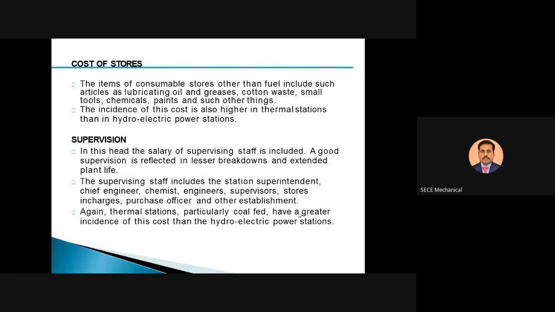These are all called supervision persons. Without these persons, we cannot run in an effective manner. Again, a thermal station, particularly a coal field, has a greater instance of this than a hydroelectric power station. So for every area, for maintenance and for power production, engineers are required.